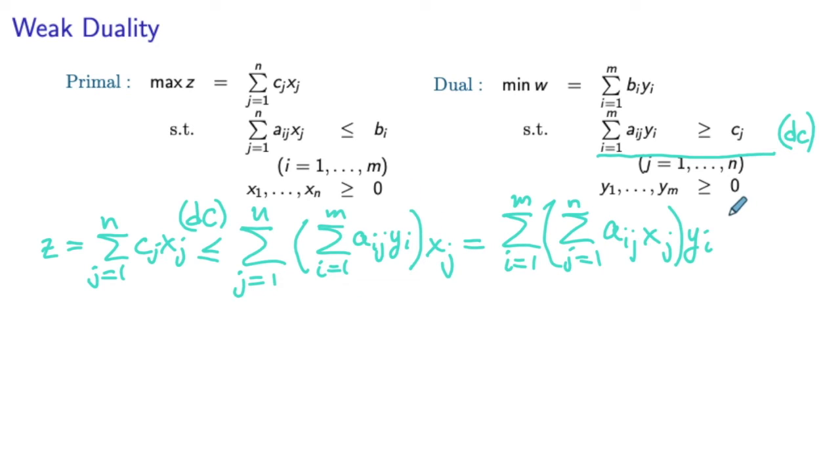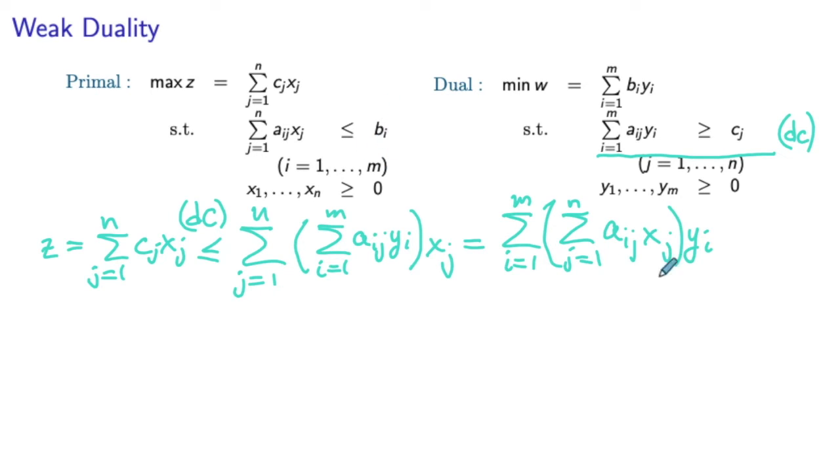So it's the same sum, all right? We just rearranged it in a way to see what the coefficient is for each yi instead of expressing the coefficient for xj's here. And now recall that in our motivational example, to get the actual upper bound on the optimal objective value for the primal problem, we used the right-hand sides of the primal constraints.